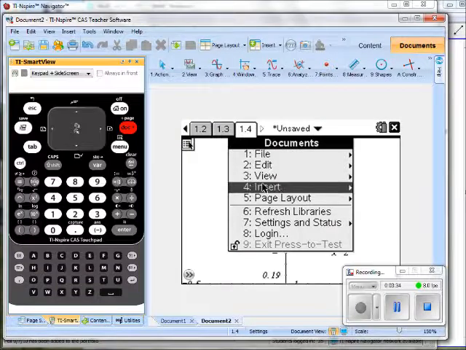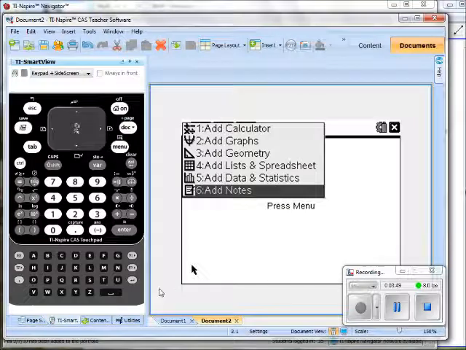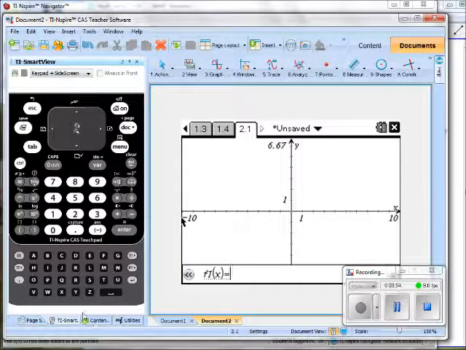Go down to Insert and insert a new problem. I don't want to keep counting F6, F7, so we'll just do a whole new problem here. And we're going to do a graph problem, so a graph page.